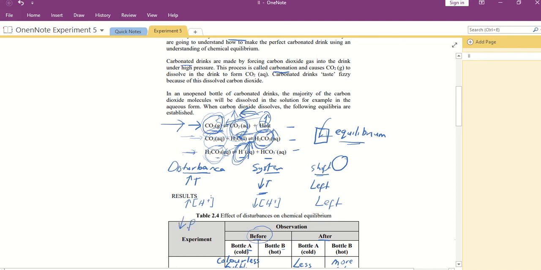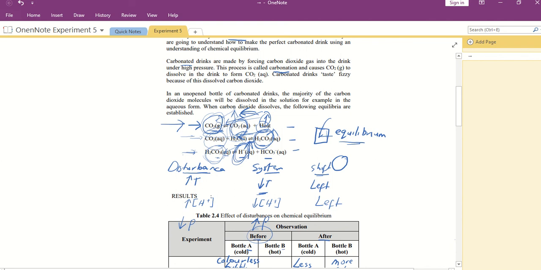Sebab dalam gelas pressure dia kurang. Dalam botol, boleh bayangkanlah dia bekas yang tertutup. Pressure is sealed. Pressure dalam tu kekal, tak ada gas yang boleh escape. Tapi when we introduce the carbonated drink into a glass, a glass bekas yang terbuka, the pressure drop, pressure berkurang. So the system will want to increase the pressure again.